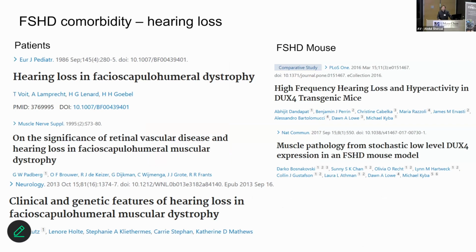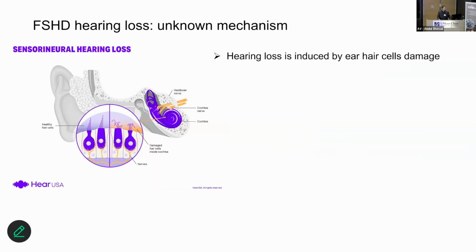Besides muscle weakness, there are some comorbidities. Among them, hearing loss is very common in patients, and the mouse model also has a very high frequency of hearing loss. We still do not know what induces hearing loss in patients. In general, hearing loss is usually induced by ear cell damage.